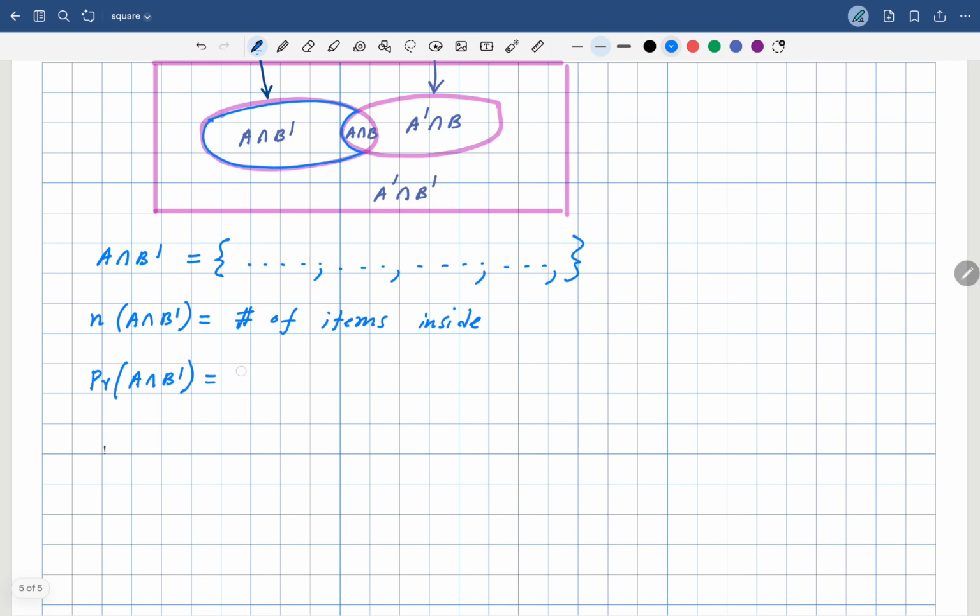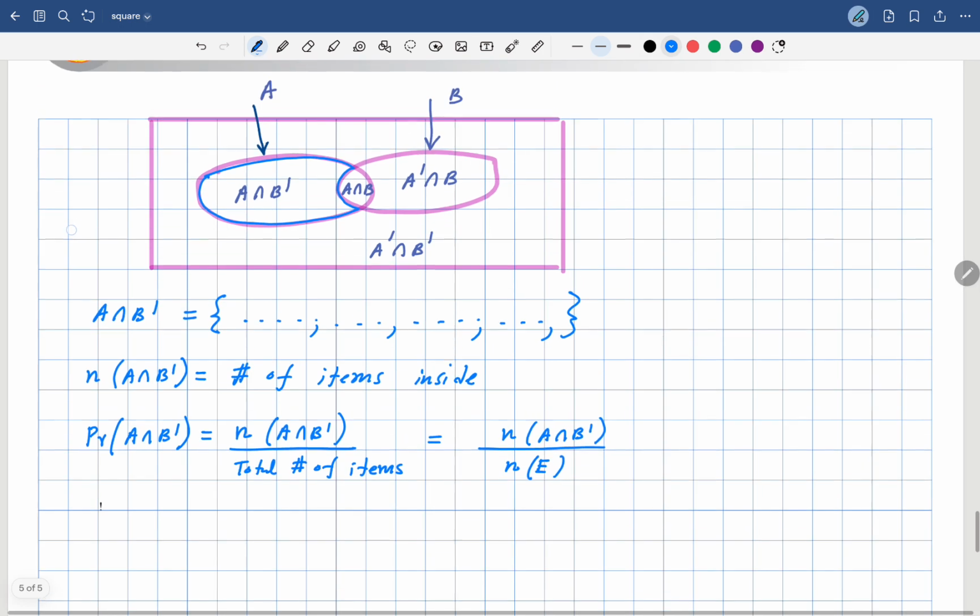It is n of A intersection B prime divided by the total number of items. That's how the probability is defined. The total number of items can be written as n of universal. So n of A intersection B prime divided by n of universal is the probability of A intersection B prime.